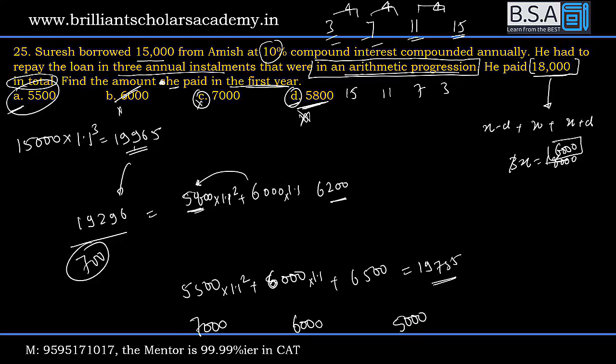Let us add 10% here twice, 10% here once, and this finally. Let us check how close we get. 7,000 increased by 1.1 twice, 6,000 increased by 1.1, plus 5,000. So this one gets me 20,070 rupees. So out of these choices, this is the correct one.